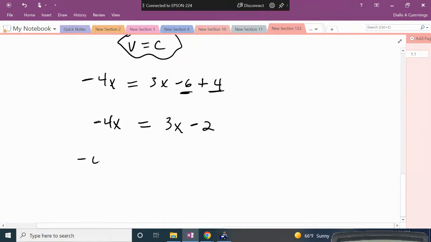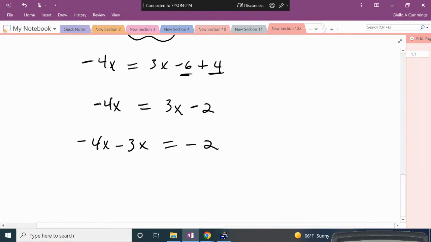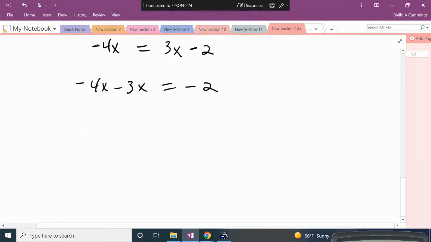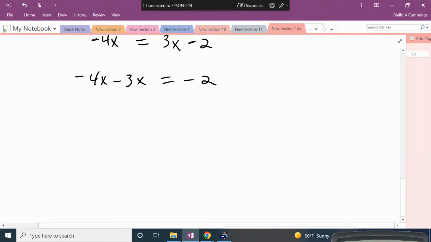So now I have -4x minus 3x is equal to -2. I'm going to combine like terms on the left-hand side. Negative 4x minus 3x is negative 7x is equal to negative 2.